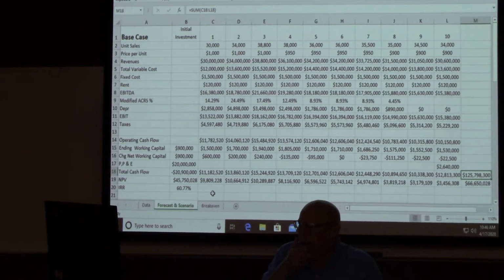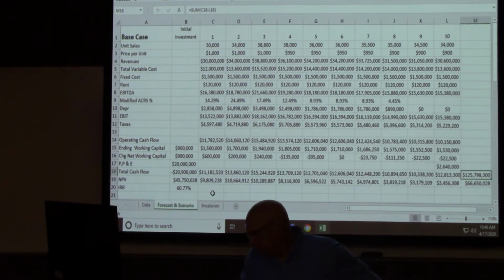So we did the scenario analysis in question 2, which is base case, best case, and worst case, where you change several variables at once to see what impact that will have on net present value and internal rate of return. Well, with a sensitivity analysis, we only change one variable at a time.